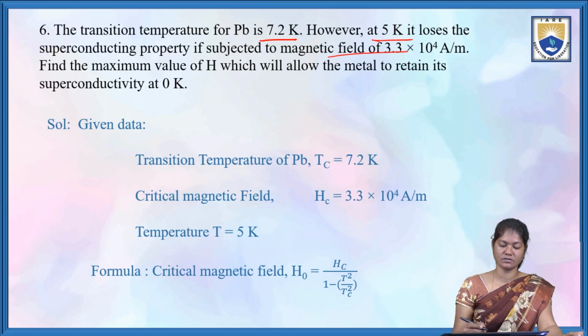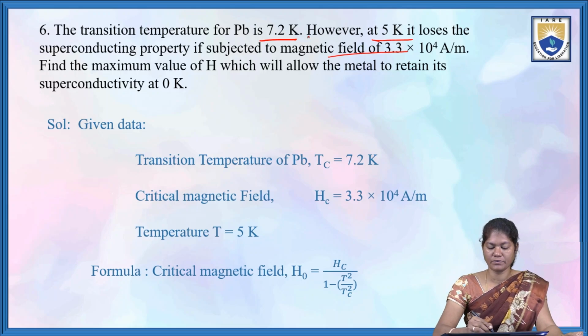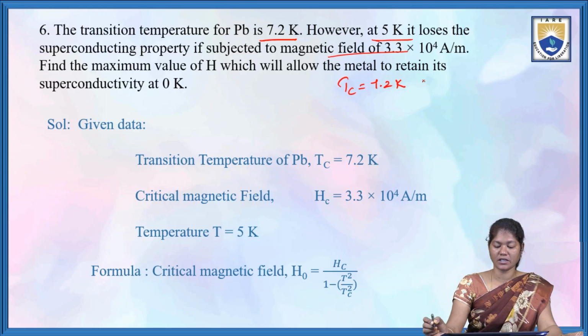So let's see the problem. Transition temperature of Pb is 7.2 degree Kelvin. So transition temperature or critical temperature Tc is equals to 7.2 degree Kelvin.